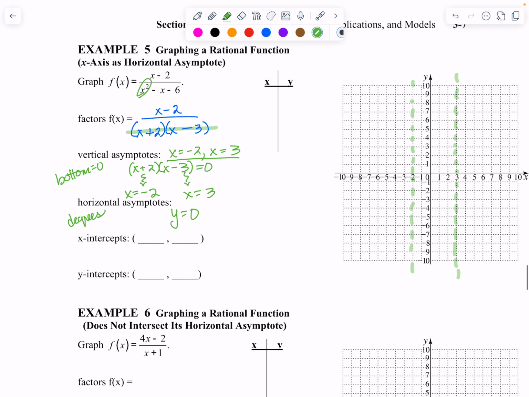And now I would just plug in some points, but MyLab always wants x-intercepts and y-intercepts. So my x-intercept, remember, is where my y is equal to 0. So I let my top equal 0. So x minus 2 equals 0. So my x is going to be 2.